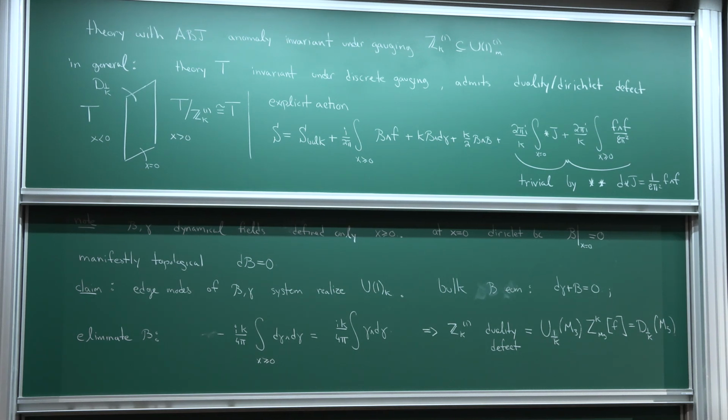When I gauge this Z_k one-form subgroup of U1 on the dual theory, do I get a dual Z_k? Yes, but it combines back to make a U1 again. Oh, I see. You have an extension of U1 by Z_k, which is again U1. It's just like it covers it K times.